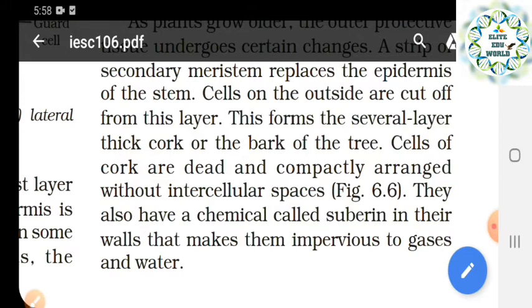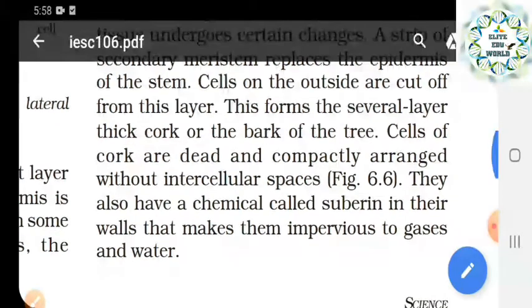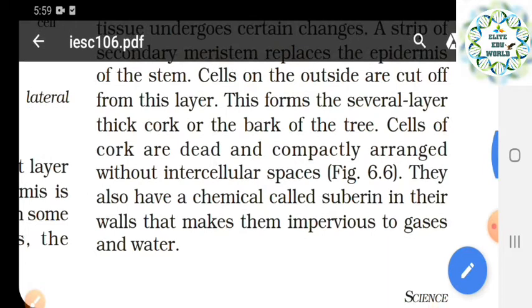The cells of the cork are dead and compactly arranged without intercellular space. Because no further growth is needed, most of the cork cells are dead, to save energy and water, and they are arranged very compactly. There are no intercellular spaces because they need protection.